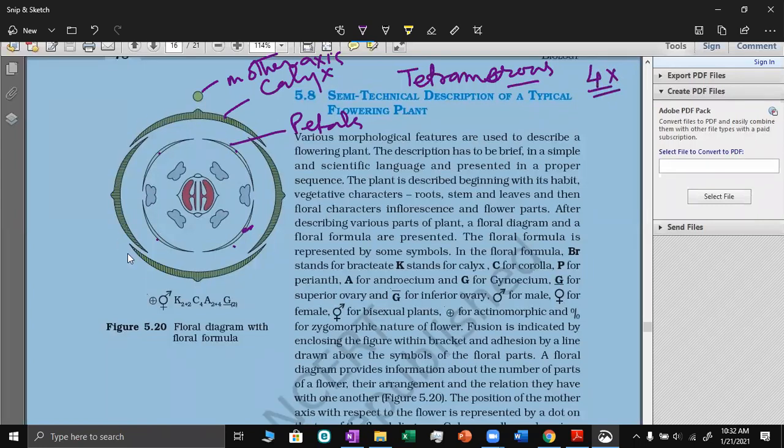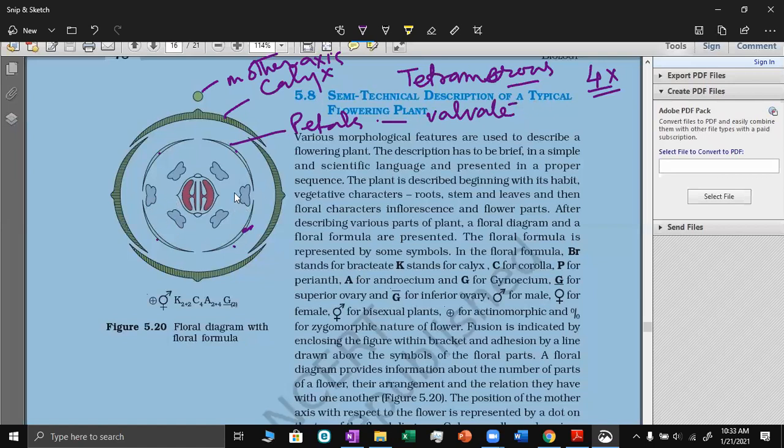So 4 sepals, and these 4 sepals are in imbricate estivation. 4 petals, these 4 petals are just non-overlapping, so they are valvate. Petals 4, valvate estivation.